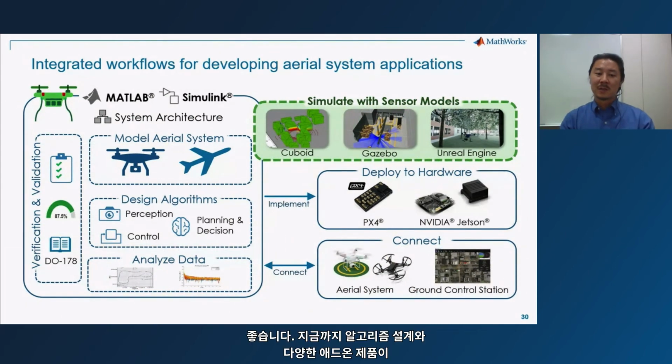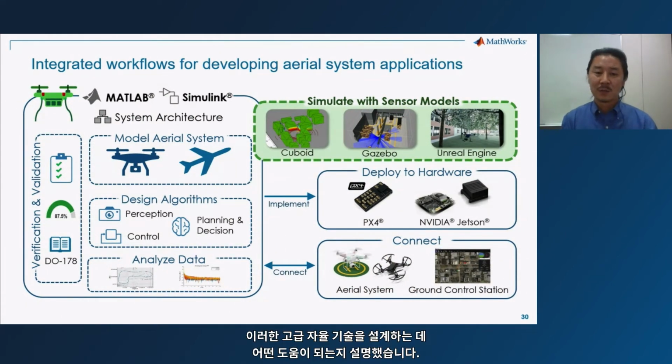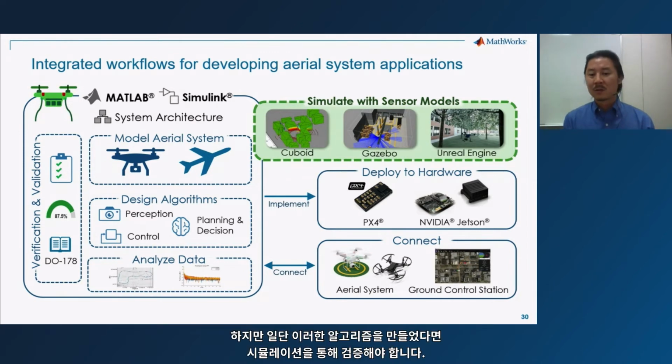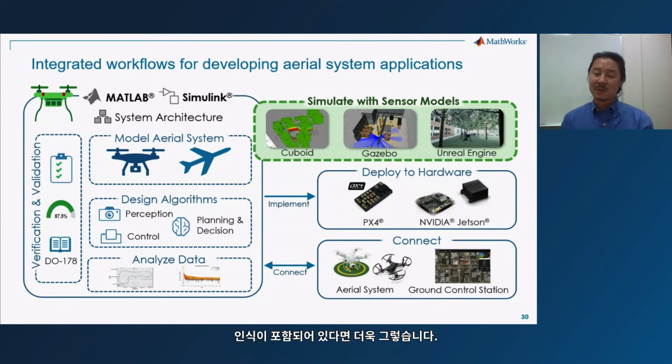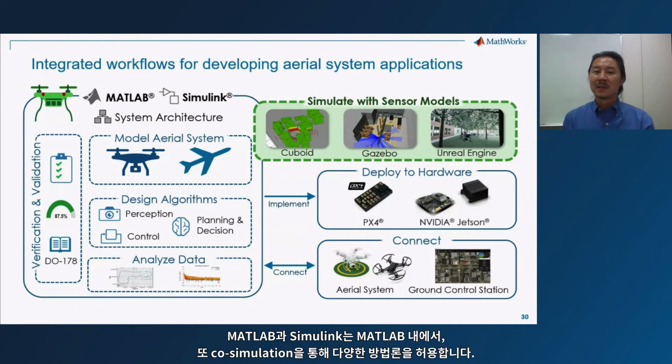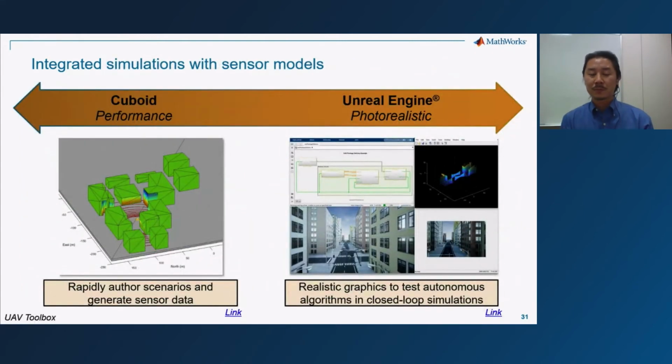Okay, so we just talked about designing algorithms and how various add-on products could help you in designing these advanced autonomous technologies. But once these algorithms are designed, you want to verify them through simulation. And for autonomous algorithms, this typically is a simulation with sensor models, right? Especially if perception is involved. MATLAB and Simulink allow different methodologies to do this, both within MATLAB and with co-simulation.